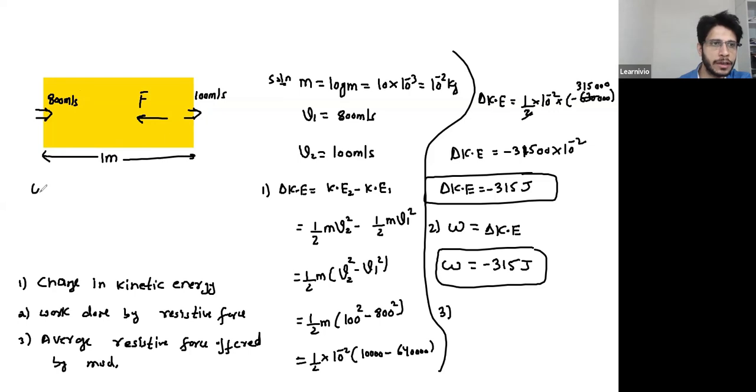So the work done here is Fs cos theta. You can substitute the values. Work done we have already calculated in the last part. This is minus of 315.